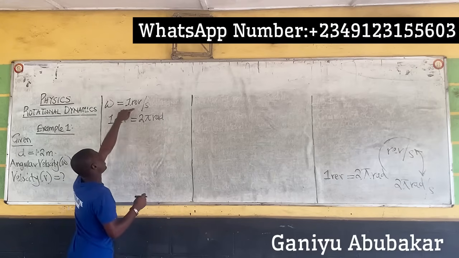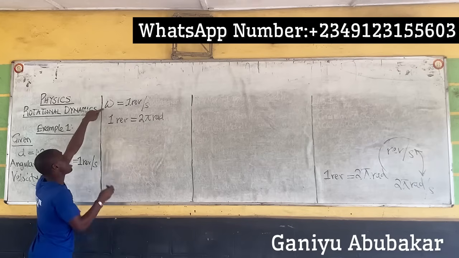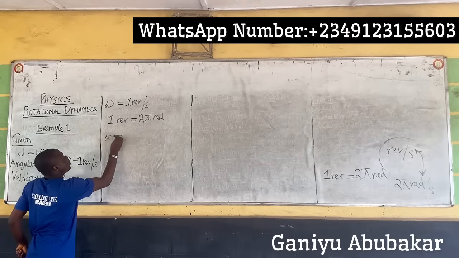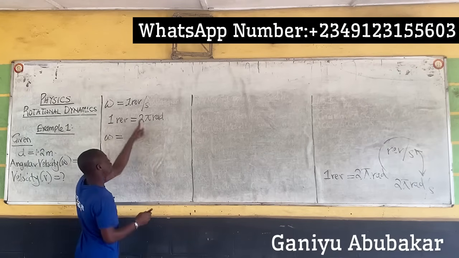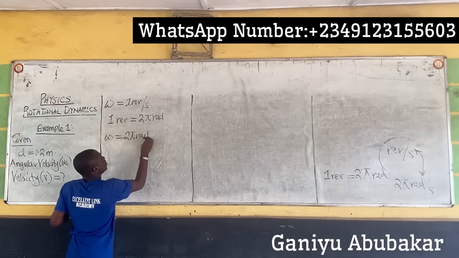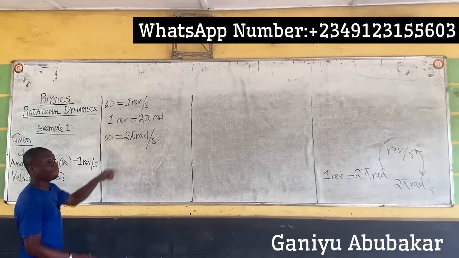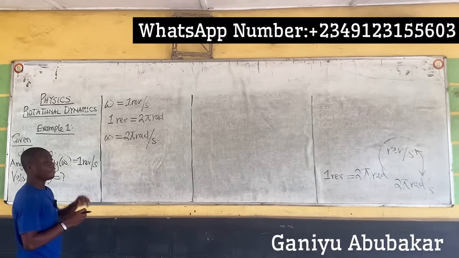Now input the exact value of angular velocity: omega will be equal to 1 revolution, which is 2 pi rad, so I have 2 pi rad per second. So this is the exact value of angular velocity.